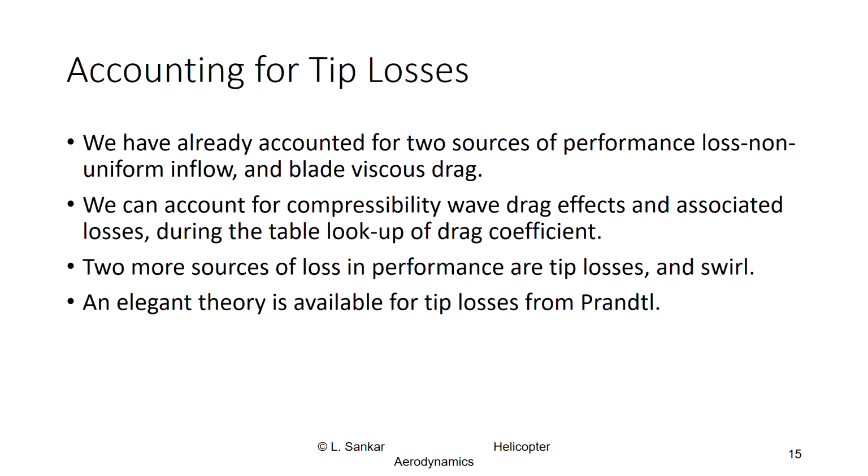So we use a model that was developed by Prandtl. We will not derive it; we will just take it from his model. He developed it for fixed wings and also for propellers. We are going to use it for helicopter rotors here.